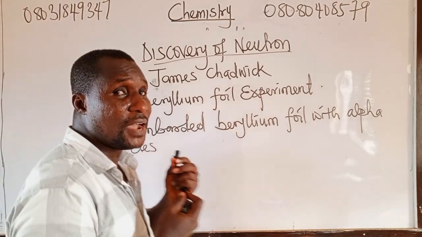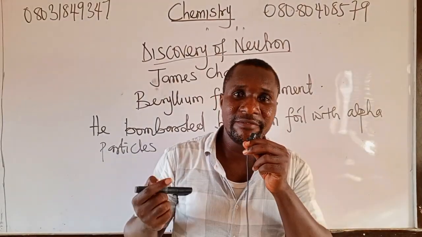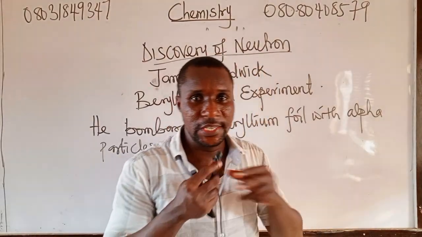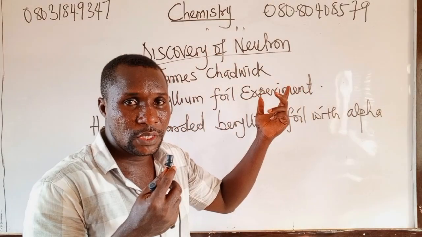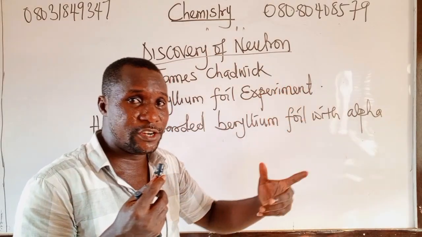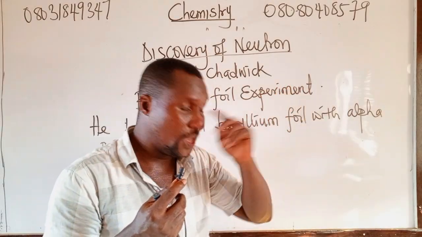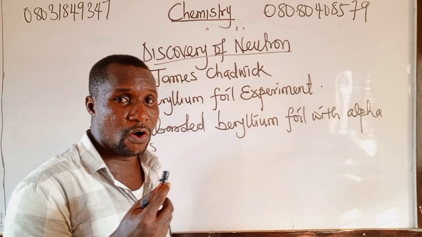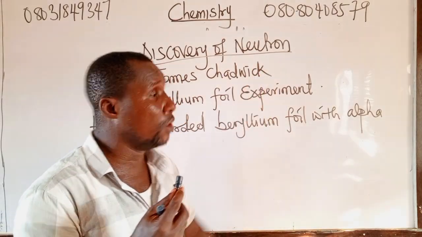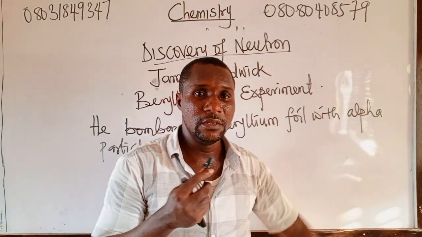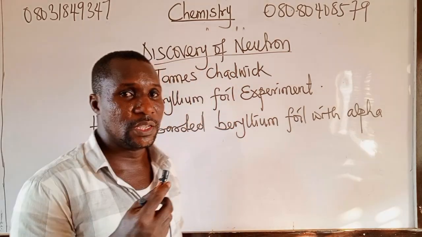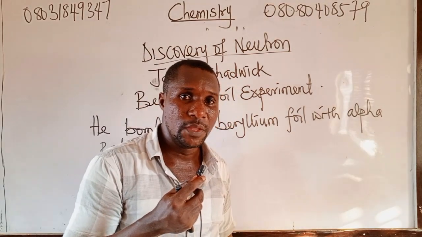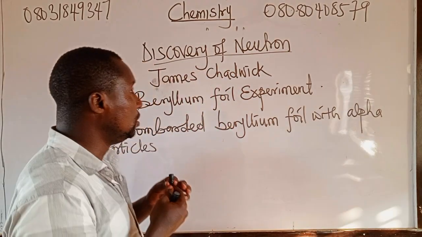And he discovered a neutral radiation that passes through the beryllium foil, which he later called the neutron.